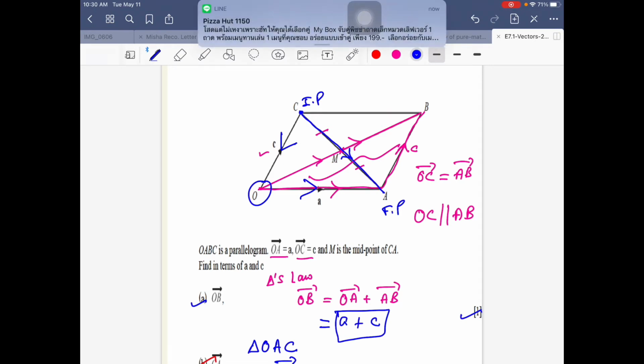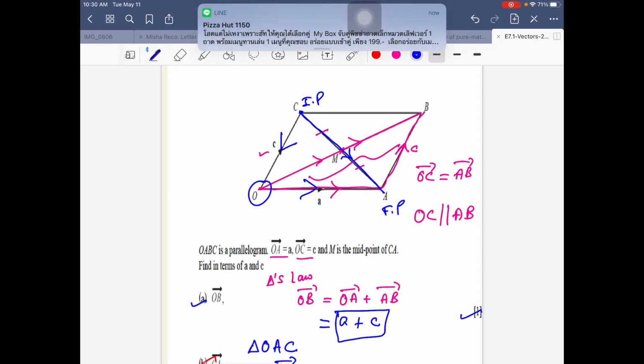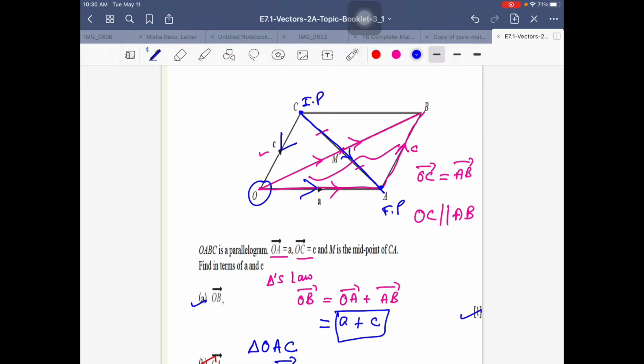I explain again. CA vector means I'm starting from C and stopping at A. Now we are considering triangle COA, so I can say that I'll move from C to A in the indirect way via O, by passing through O. So that means CO plus OA.